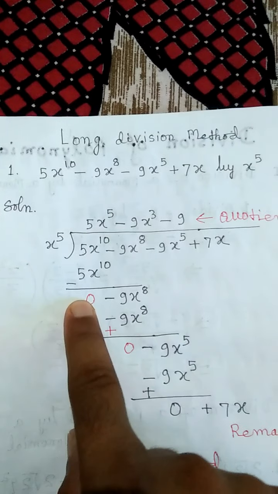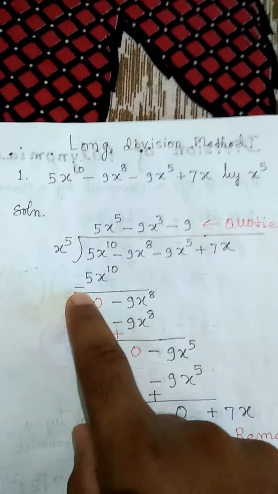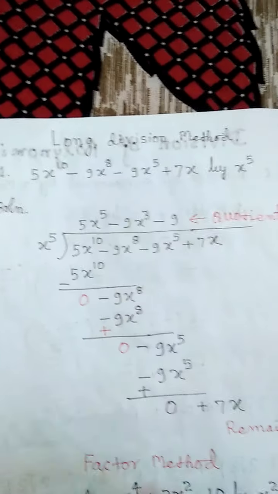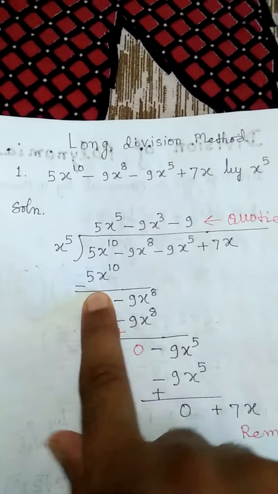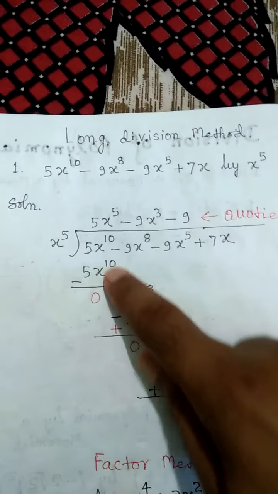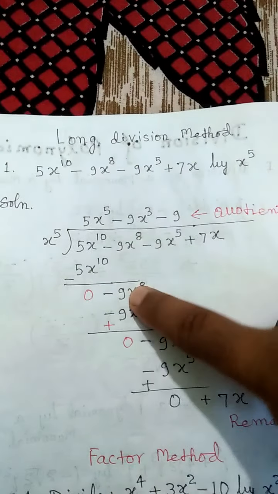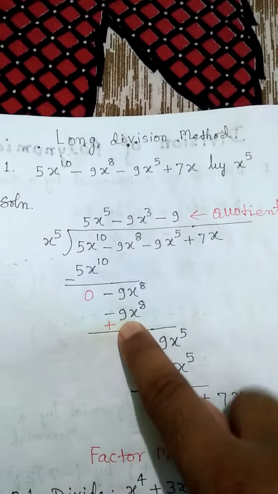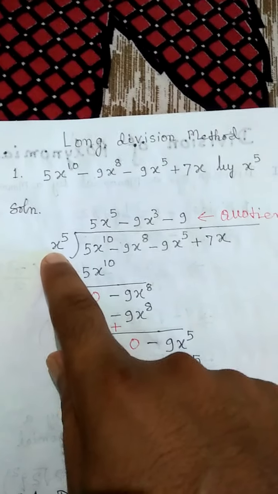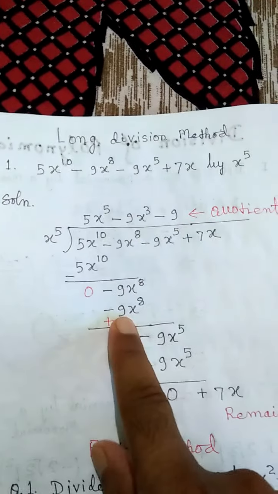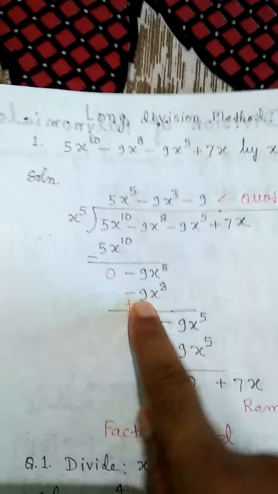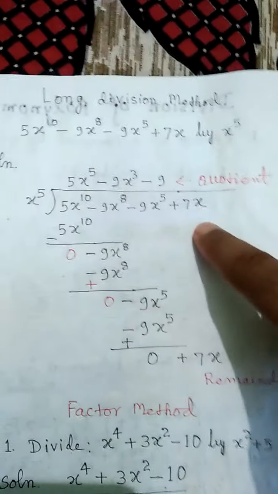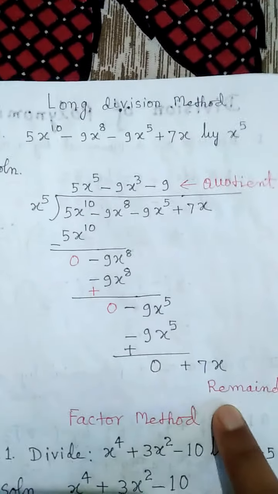Now the sign of the product of divisor and quotient will be subtracted. This is cancelled. Now we get this part here. Again, this is multiplied by this number and we are getting this. Similarly, this is cancelled. This will be carried here and this will be carried here.